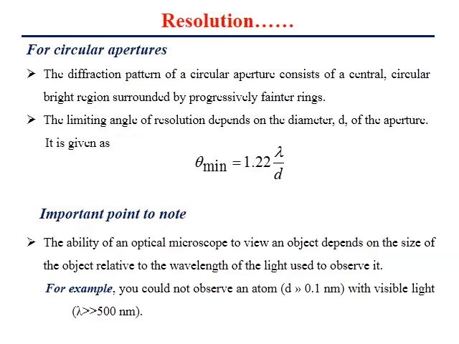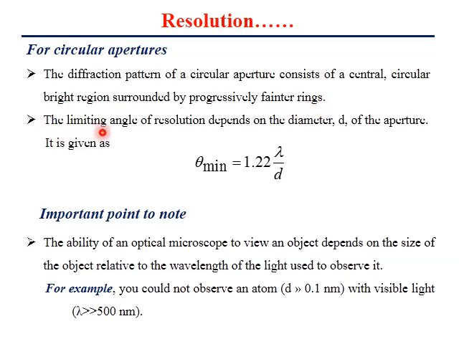Okay. So next, we also need to know how these limiting cases work for circular apertures. The diffraction pattern of a circular aperture consists of a central circular bright region surrounded by progressively fainter regions, as we saw in the previous slides.